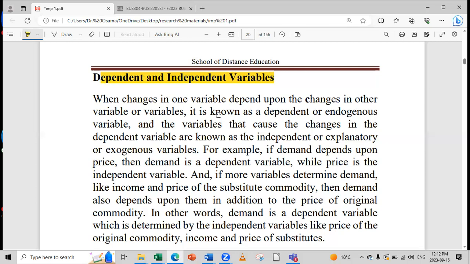When the temperature is low, the sales of ice cream go low. For that reason, the temperature is independent. But the sales of ice cream are dependent because they depend on the temperature. You guys got me? This is simply the difference between the independent variable and the dependent variable.